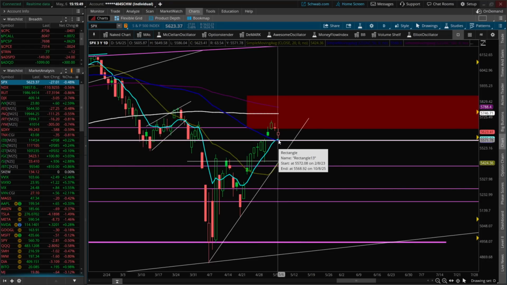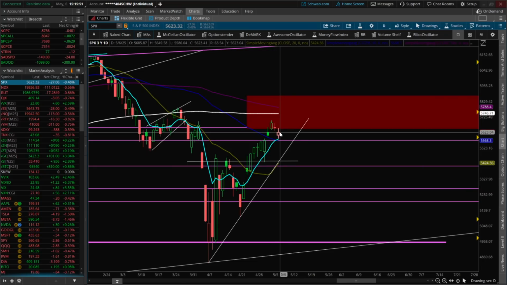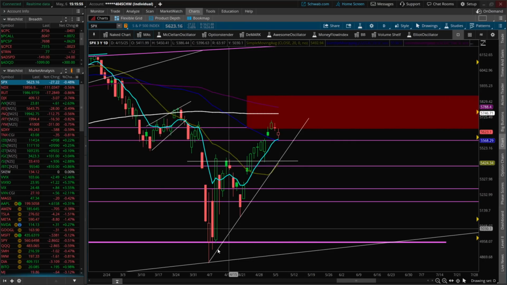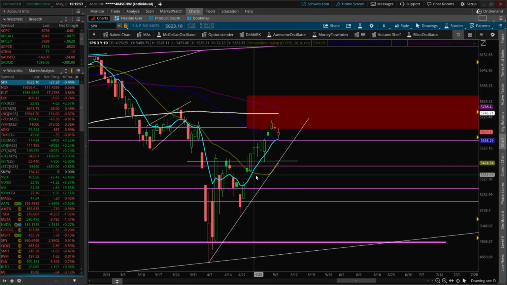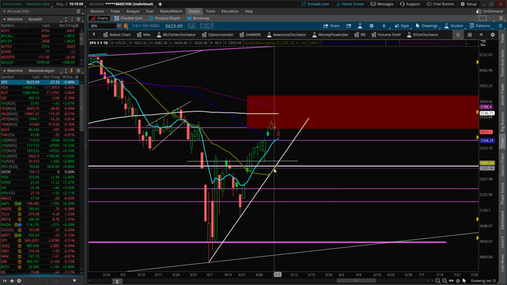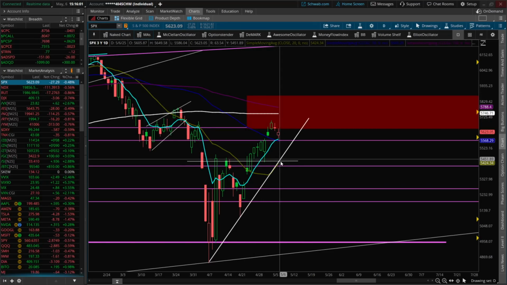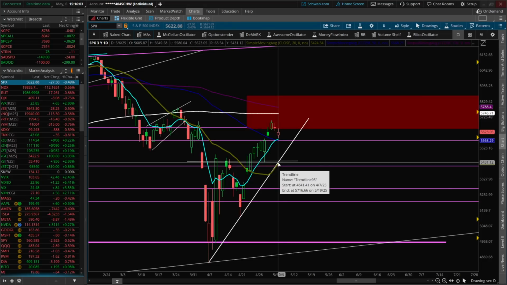But our 8 says that momentum's still up. Our 20, which just so happens to be going up with this potential trend line, is curling up, and that's our trend indicator. Momentum's up. Trend is up on the daily time frame. Now that is not the case on the weekly, so that's why the market is going to be a little bit more choppy at this point.